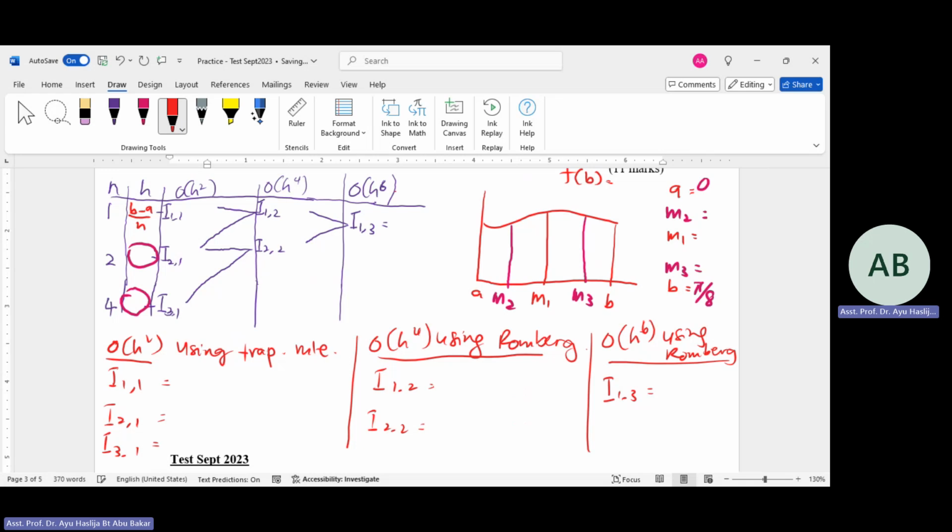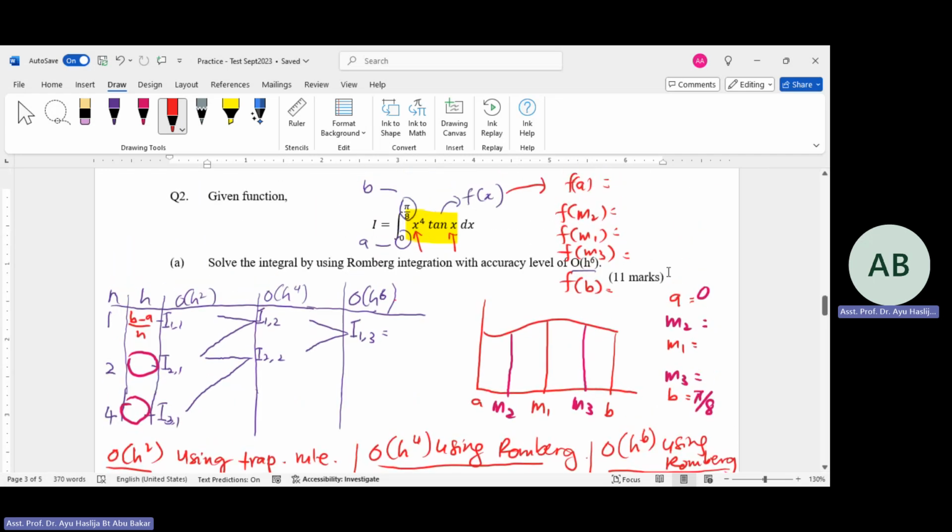Try first. The next question will be more complex. You got the data just now? Okay, this is the equation.